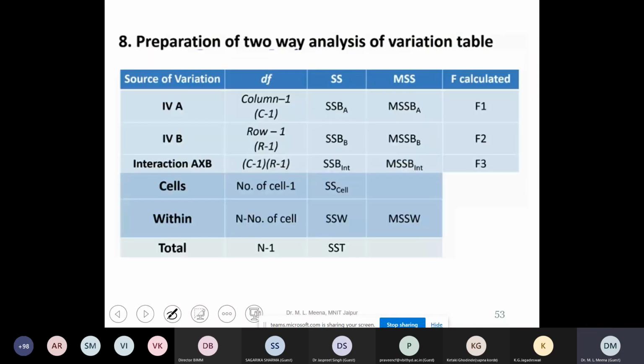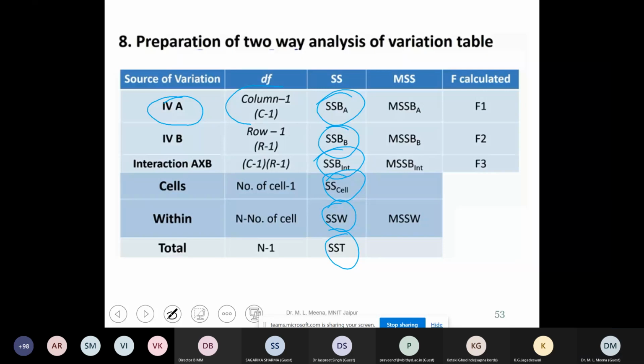So this is our two-way ANOVA table. We already found SSBA, SSB, SS interaction, SS cell, SSW, SST. According to our problem, what are the degrees of freedom? Degree of freedom for the independent variable, teaching methods, is column minus 1.